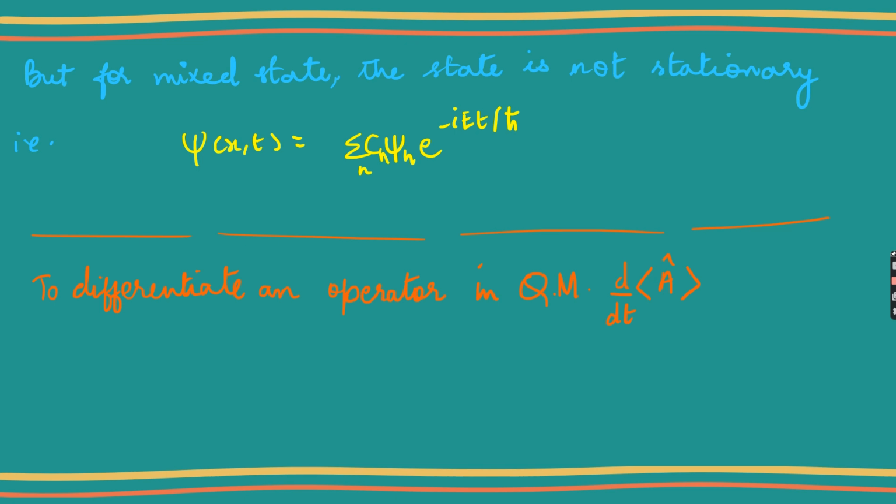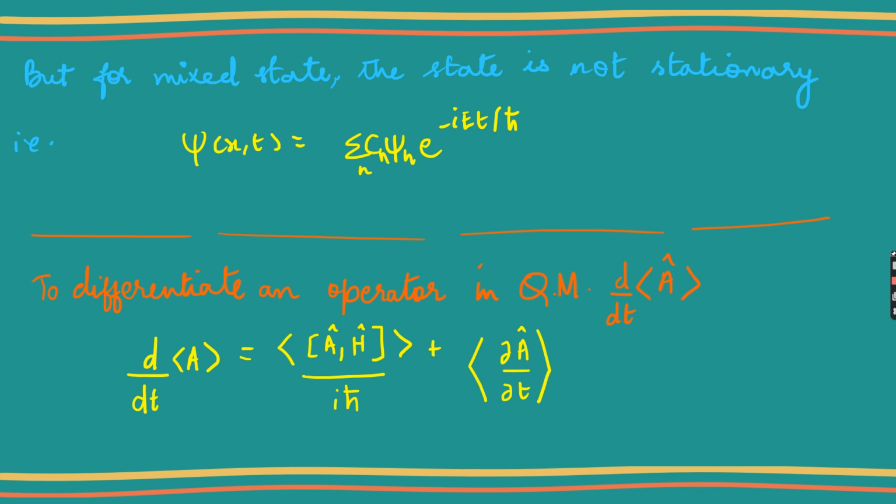So we have a formula for taking the differentiation of an operator. The formula is as follows: d by dt of the expectation of A will be equal to the expectation of the commutator of A comma H divided by i h cross, plus the expectation of the partial derivative dou A by dou t.